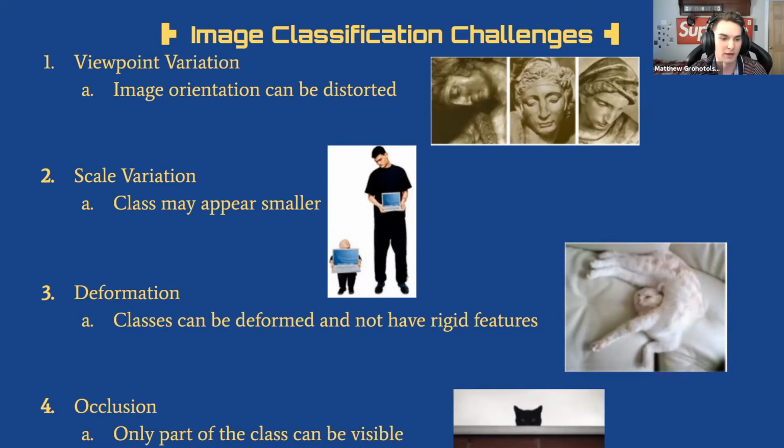A third could be deformation. Some images might not look the same. Pokemon might be moving in different ways, and the program would have to account for that. And then lastly, occlusion. So what happens if the object is behind something in the frame, say it's occluded by a wall or something like that.